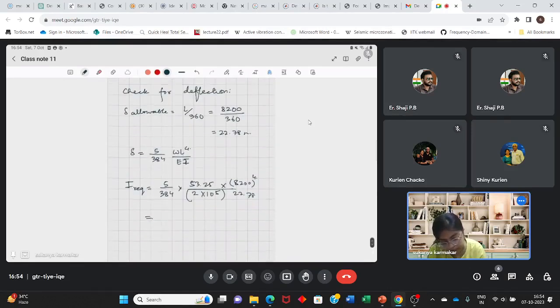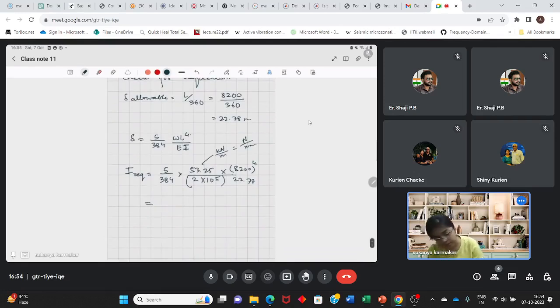This load was in kilonewton per meter, so it remains the same in Newton per mm. It's fine. So this comes out to be 68807 into 10 to the power 4 mm. You just need to check whether this I is getting satisfied or not.